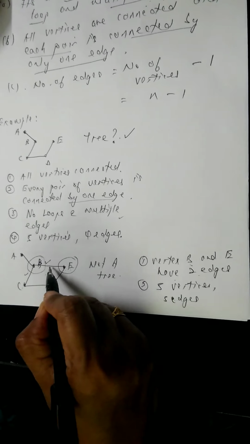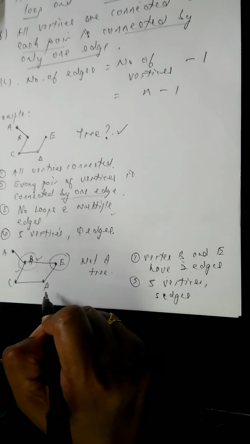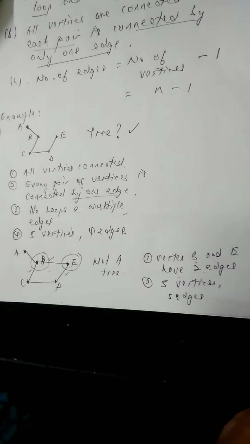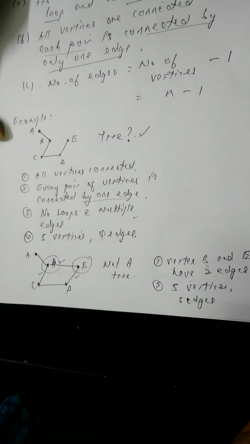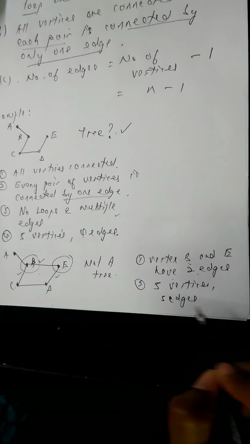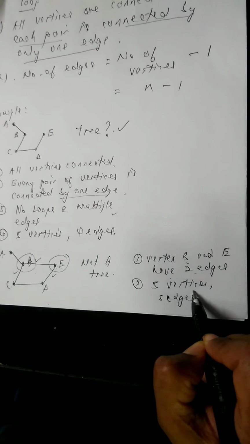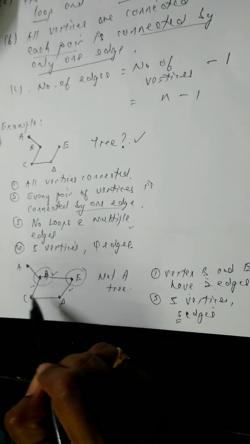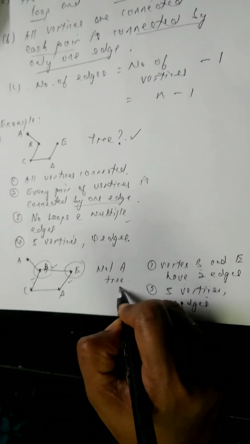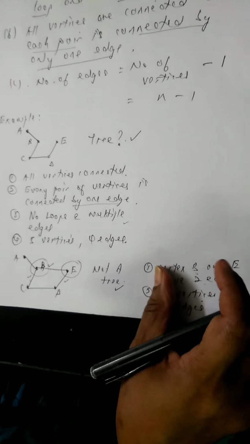Likewise for E, I've got BE and BD. So that's one. Number two, you only have 5 vertices, so 5 vertices must only have 4 edges, because according to the formula it is n minus 1. Here I've got 1, 2, 3, 4, 5. So therefore this is not a tree.